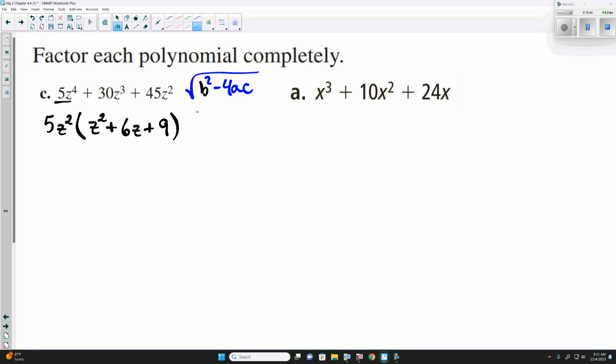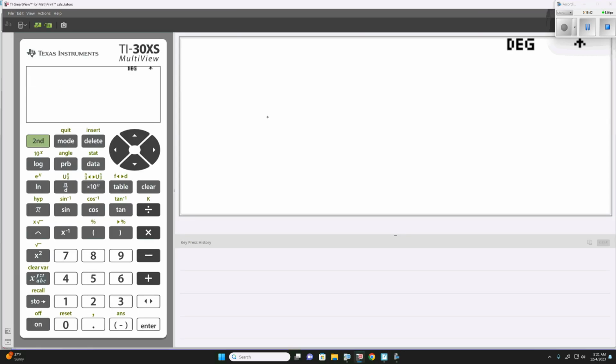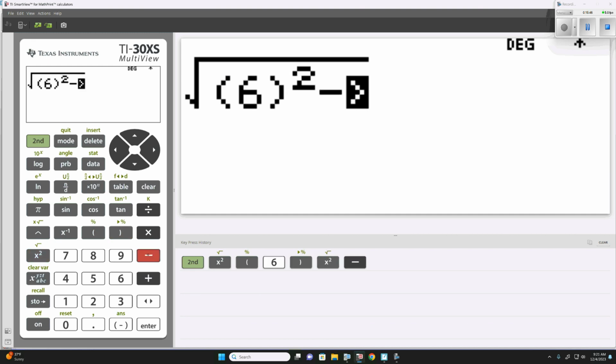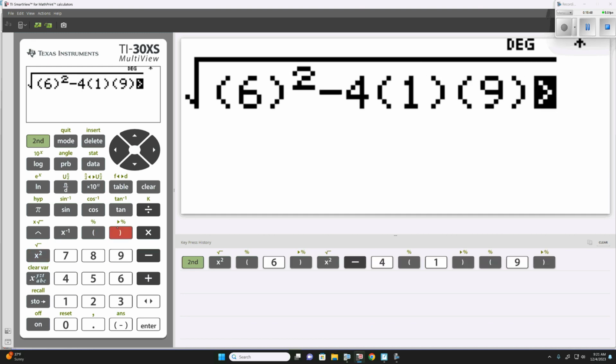So here, if we plug this in, it'd be 6 squared minus 4 times 1 times 9. Square root of 6 squared minus 4 times 1 times 9. Now, when we did the quadratic formula, we normally didn't plug it in all at once because it could either A, turn out as a decimal, or B, what's inside there could be negative.